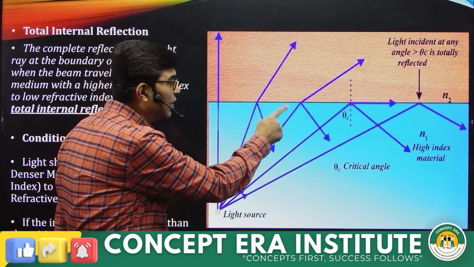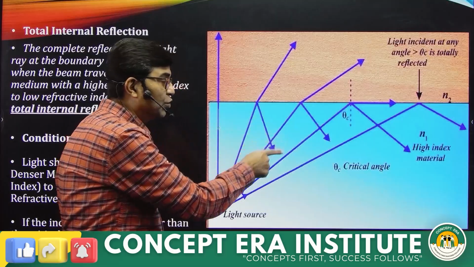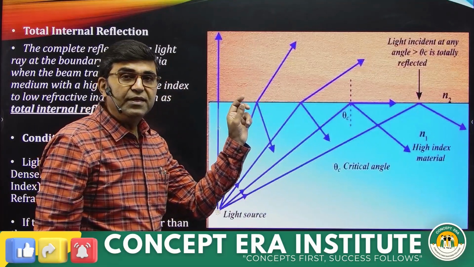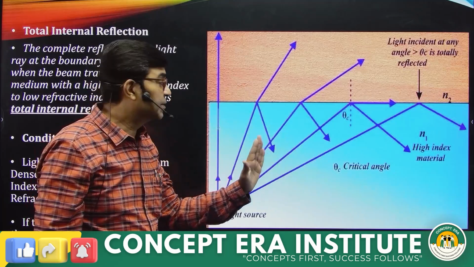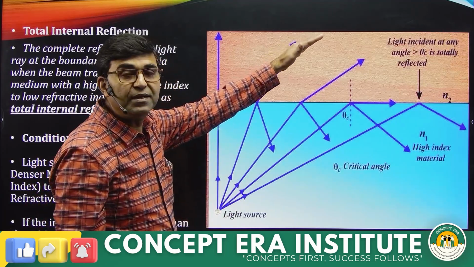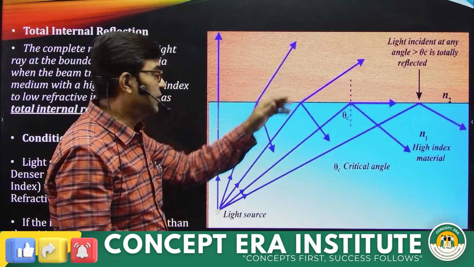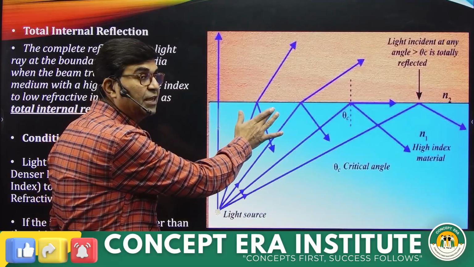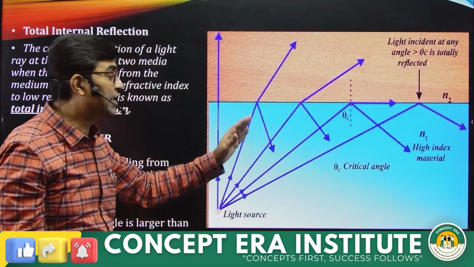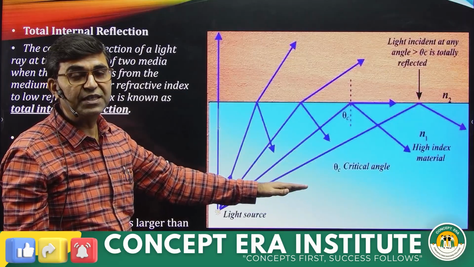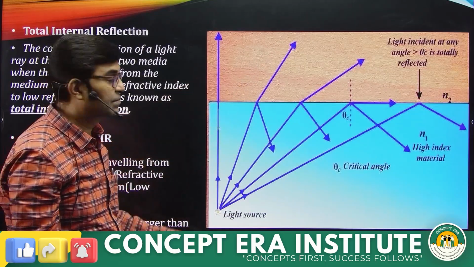The lower arrows show that actually 2, 3, 4% of the light is reflected back, but most of the light is refracted outside. In this case, refraction will take place and the light will refract away from the normal because light is traveling from a denser medium to a rarer medium.